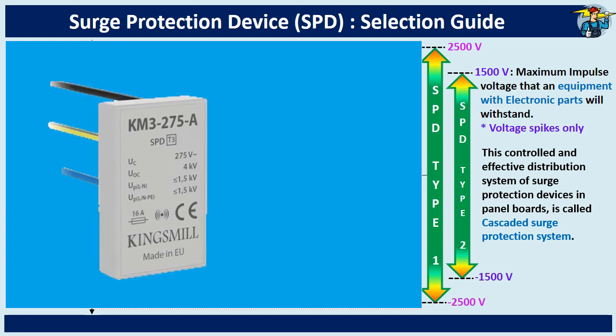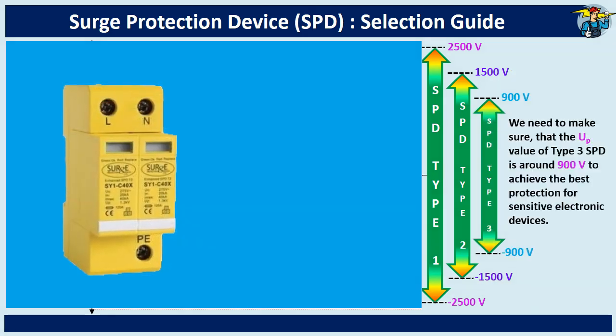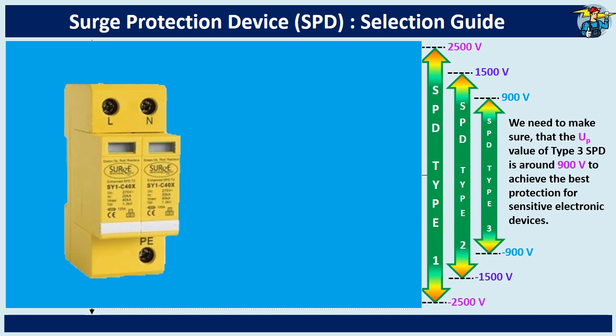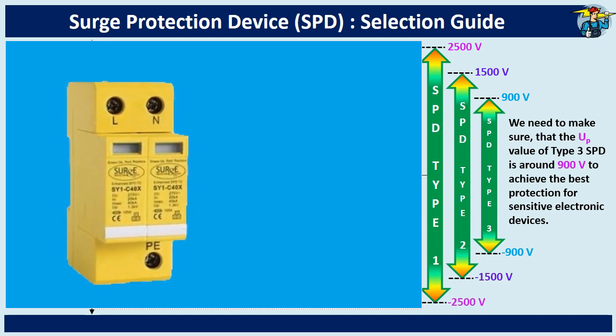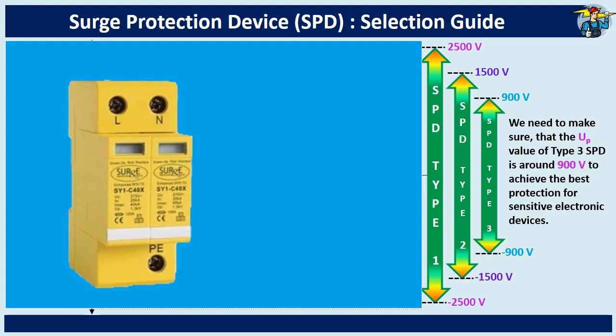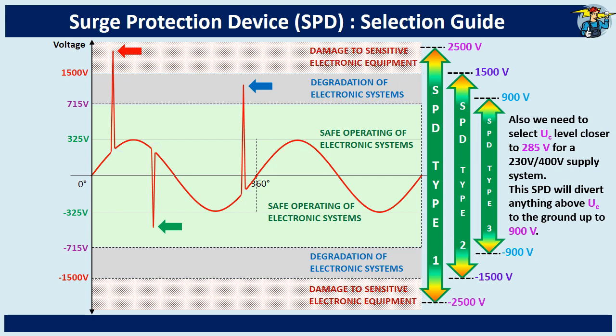cascading surge protection system. Also, we need to make sure that the UP value of type 3 SPD is around 900 volts to achieve the best protection for sensitive electronic devices. Further, we need to select UC level closer to 285 volts for a 230 volts or 400 volts supply system.